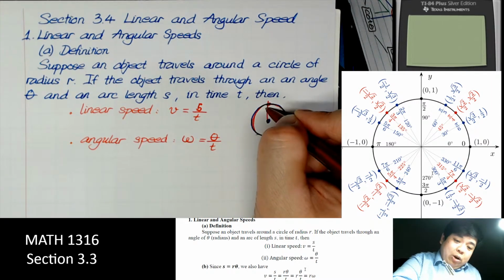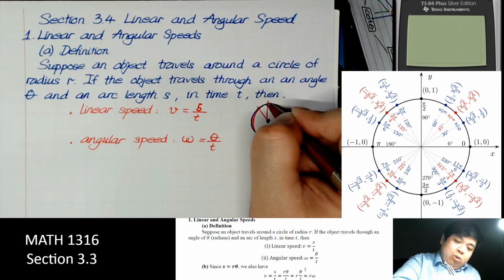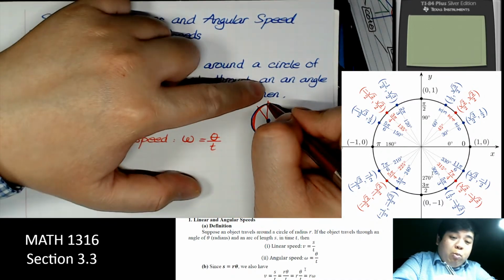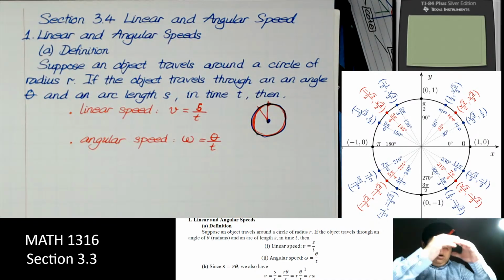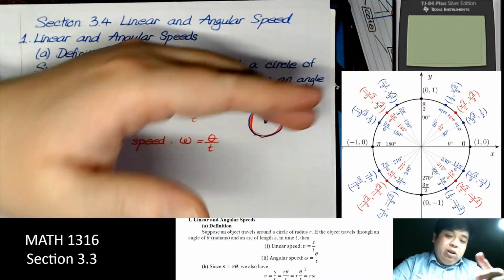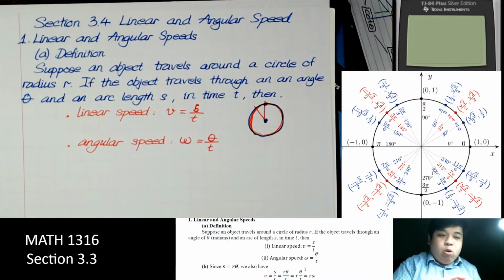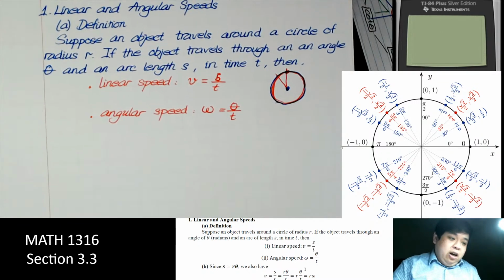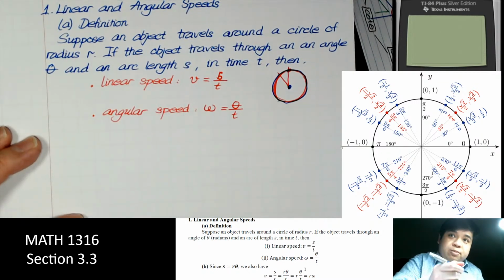If we just track the angle, it will travel around and around. If we put that point on the ground, then that point will move in a horizontal distance. Now a better example, think about a motorcycle.